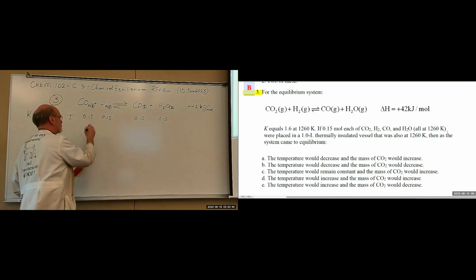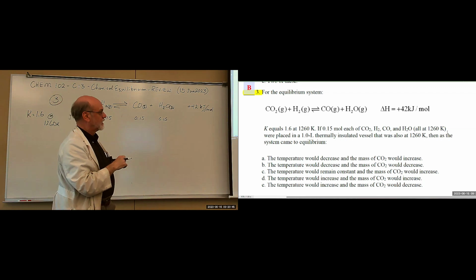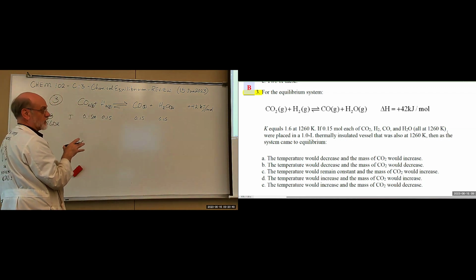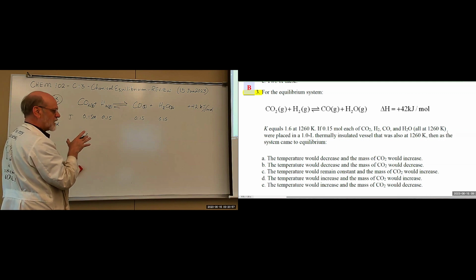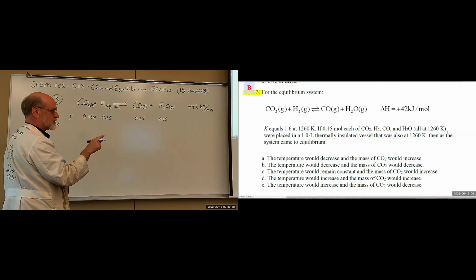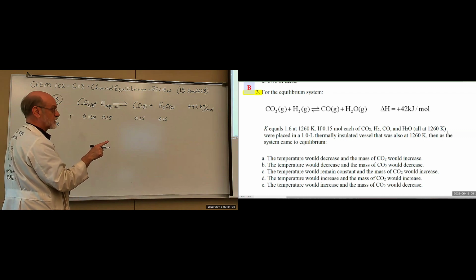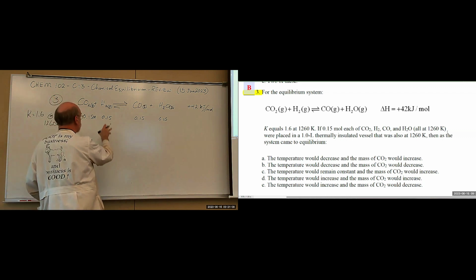Okay, so it is molar. That many moles per liter of each one are placed in a vessel, an insulated vessel at 1260 K. Then as the system came to equilibrium, the temperature, okay, we're saying something about the temperature and the mass of CO2. Look, based on the answers. What happens to the temperature?